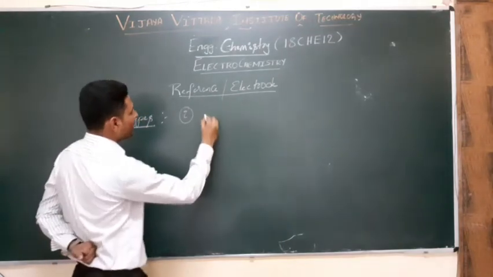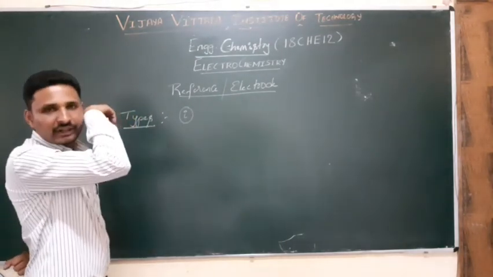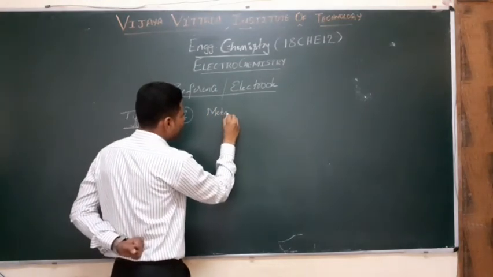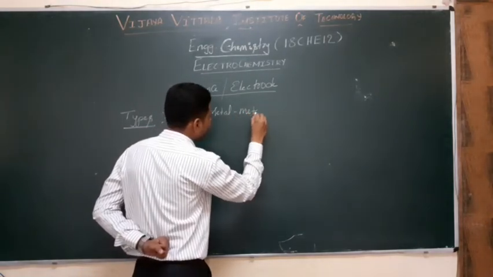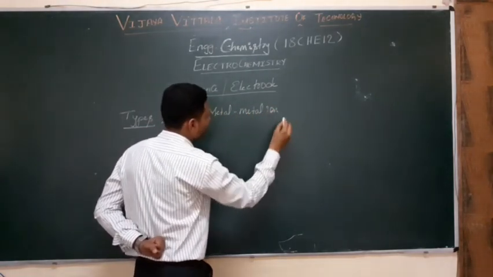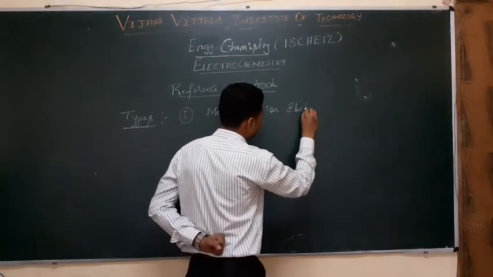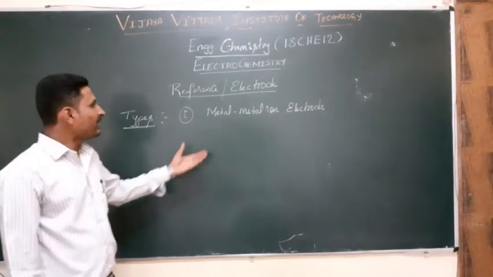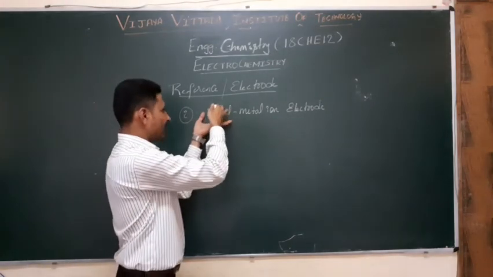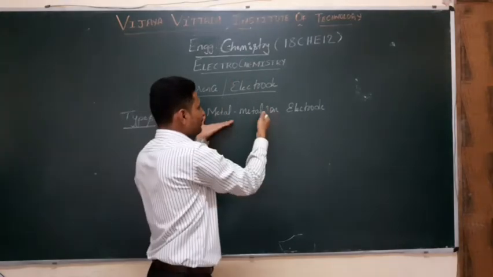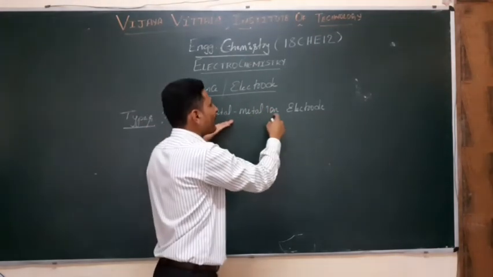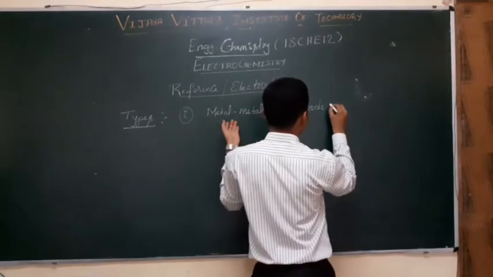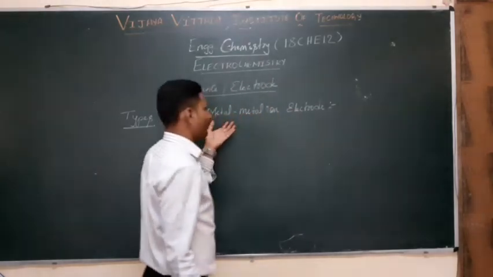The first one is the metal ion electrode. Here the metal electrode is dipped into a solution of its own ions, and that electrode is said to be a metal ion electrode.